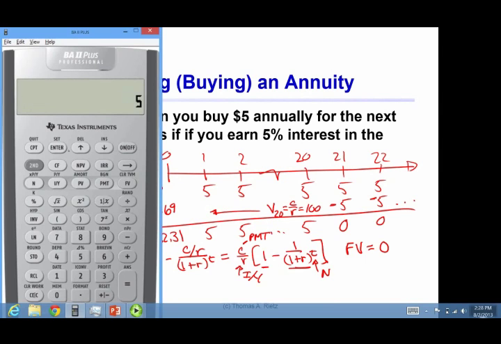This is a $5 payment, no additional payment at maturity. Compute the present value, $62.31. Again, your calculator changes signs like we did. This is saying you would be willing to invest, give up the use of, spend $62.31 to buy $5 each year for the next 20 years.